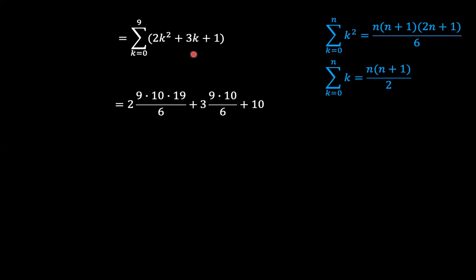And then for 3k we have 3 times n, which is 9, n plus 1 is 10, over 2. Plus, there are 10 items: when we have 1, 1, 1, 1, 1, from 0 to 9, we have 10, so plus 10. So we have 570 corresponding to this, plus 135, plus 10, which is 715. And that is the final answer for this seemingly intricate problem.